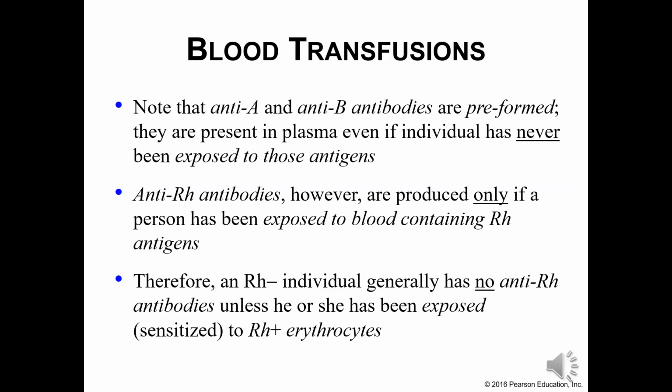Therefore, an RH negative individual, which means he has no RH antigen on his red cell membrane, generally has no anti-RH antibodies unless he or she has been exposed, or what we call sensitized, to positive RH red blood cells. And we'll see an example of that in a condition that we call erythroblastosis fetalis, or hemolytic disease of the newborn.